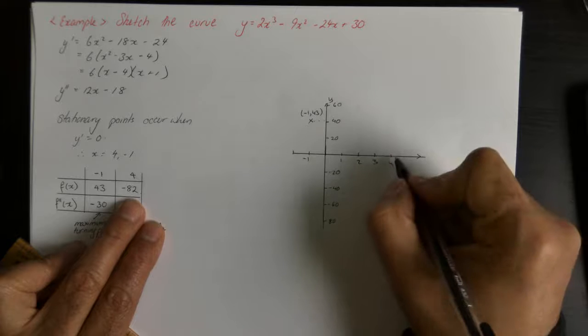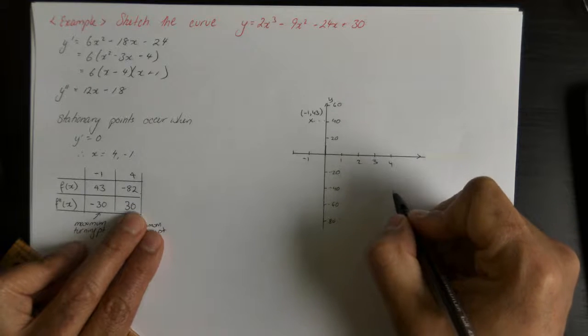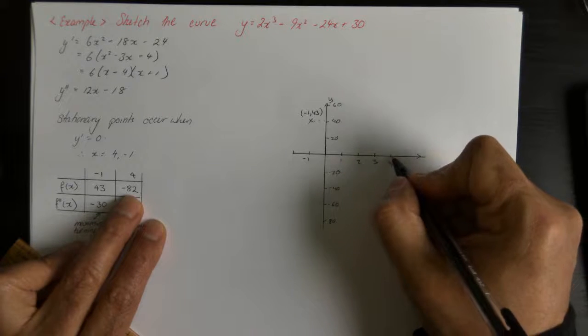And when x equals 4, we get negative 82.